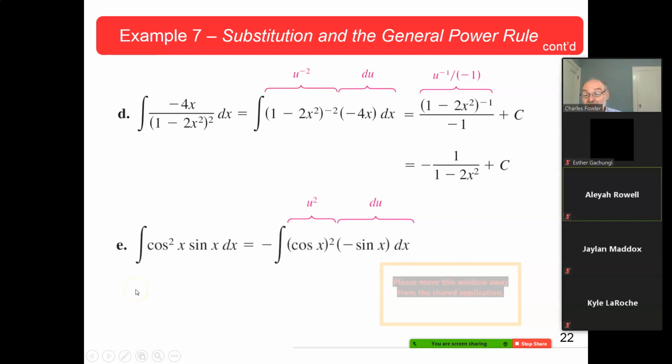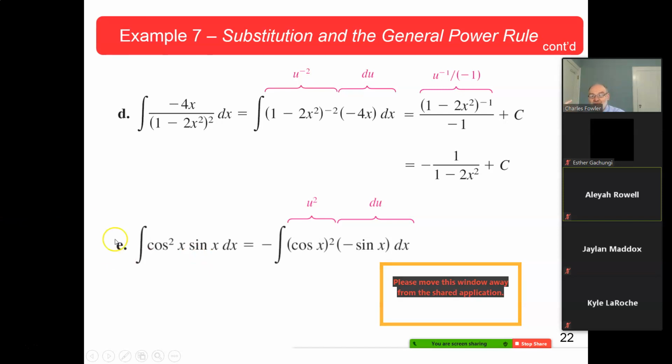What's your du then? Derivative of cosine is minus sine x dx. We only have a sine x, so depending on which way you do it, multiply by minus 1 to have a minus 1 in front of the sine x, because minus and minus is plus.